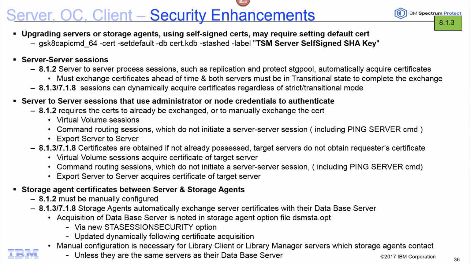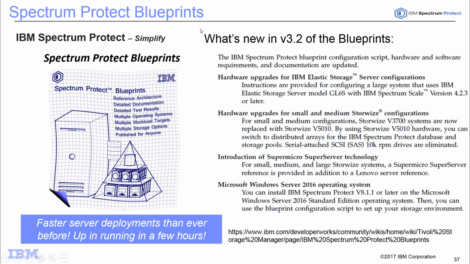We do have some new Protect blueprints available, and this is going to be our version 3.2 blueprints. They've made some updates when it came to hardware upgrades for IBM Elastic Storage Server configurations. You'll see the Elastic Storage Server model GLS6 with IBM Spectrum Scale version 4.2.3.